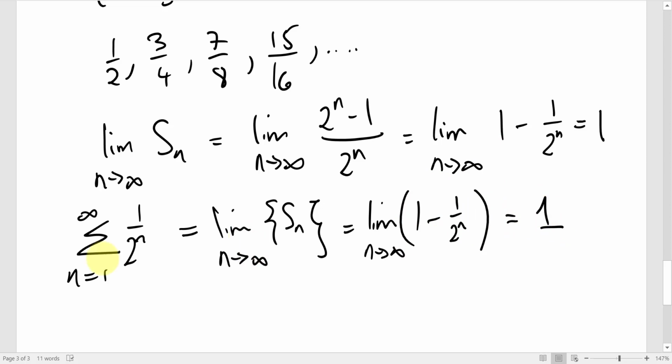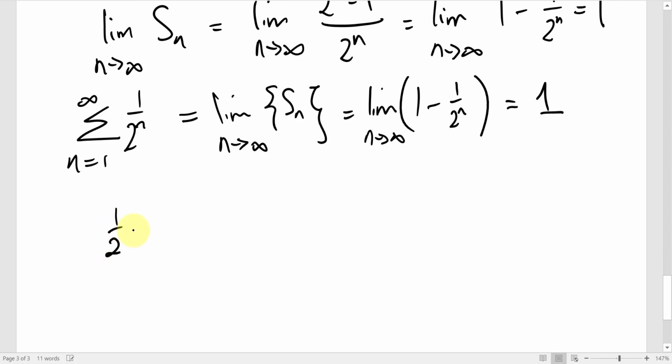So actually, this equality holds when this limit exists. Because that limit exists, and in this case it's equal to 1, that's the infinite series. In other words, 1/2 plus 1/4 plus 1/8 plus 1/16 on forever. The reason why we say this is equal to 1 is because we've evaluated the sequence of partial sums.